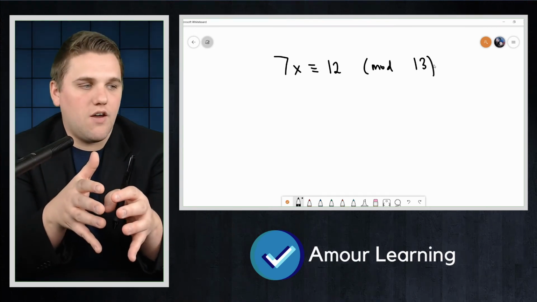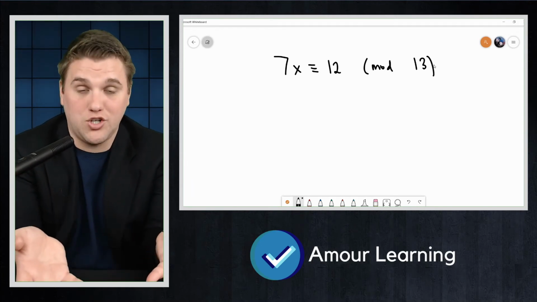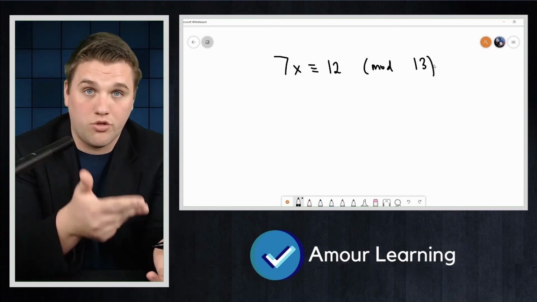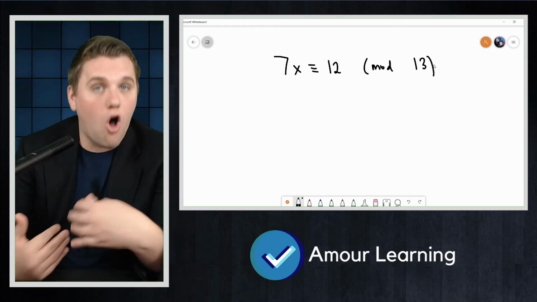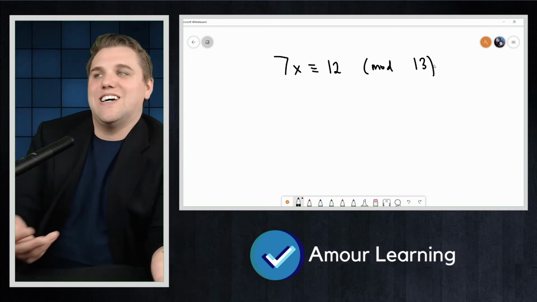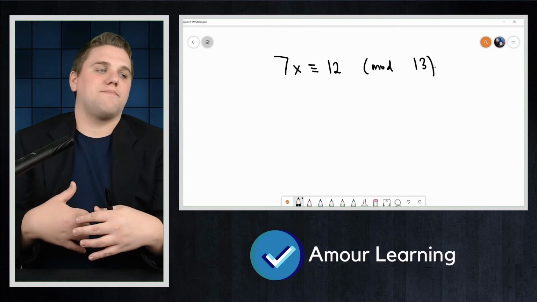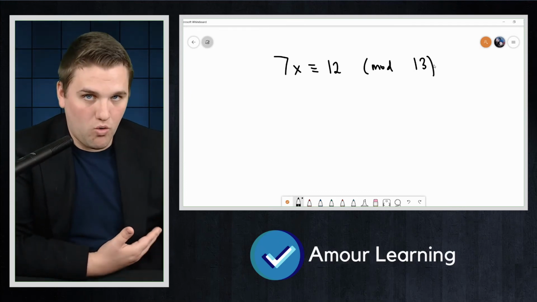You can first guess what x is, guess and check. There are only 13 options for what x could be. It could be 0, 1, 2, 3, 4, 5, 6, 7, 8, 9, 10, 11, and 12. Those are all of the options that x could be. So try them all and see which one works. But because 13 is a larger number here, that's probably not a reasonable strategy.